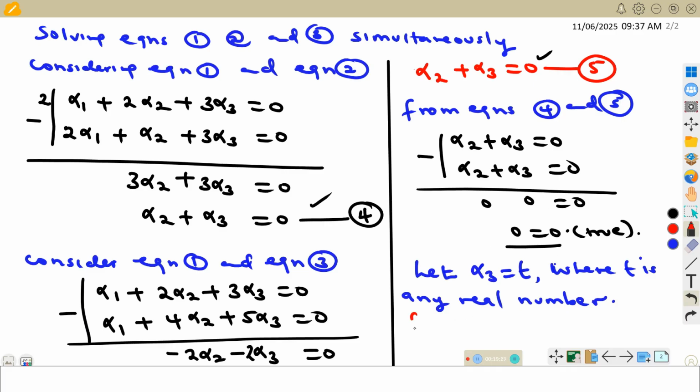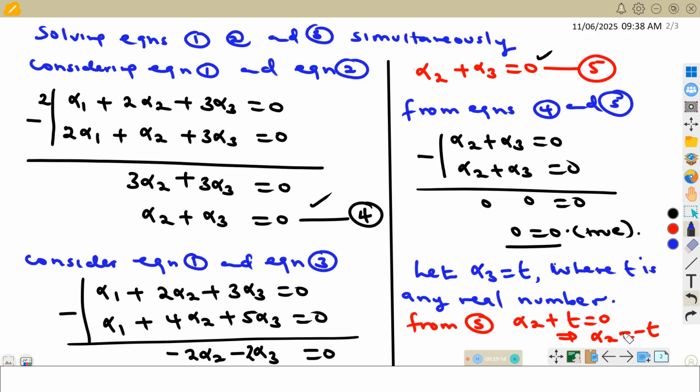So from there, get the values for alpha 1, alpha 2, and alpha 3 in terms of t. From equation 5, alpha 2 plus t is equal to 0, meaning that alpha 2 is the same as negative t. So we have alpha 2, we have alpha 3, so we need alpha 1. Again, we shall now look for alpha 1. We can use any of the equations that we have.